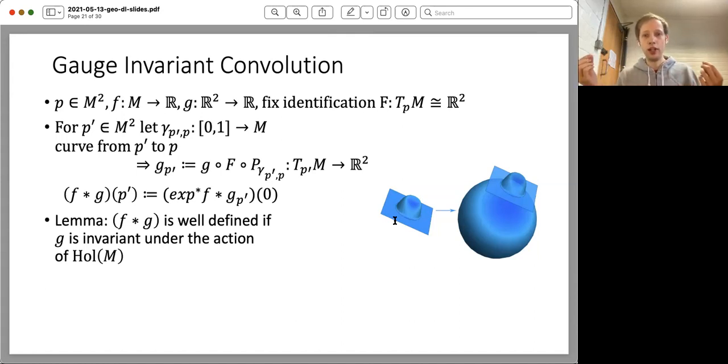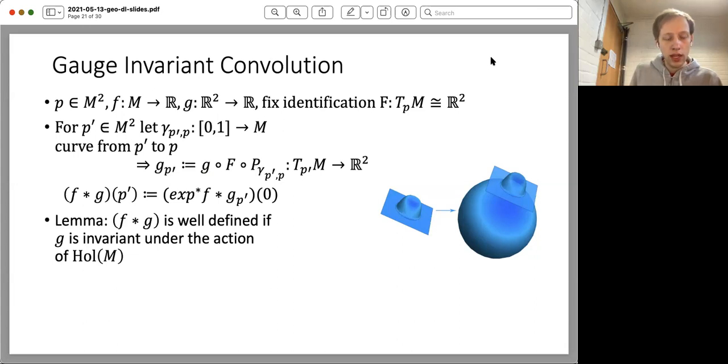Then you have the parallel transport along gamma, and you can write down this map here, G P prime. So first it transports from one tangent space to the other, then it uses this identification, and then it applies G. And what you get is a map from the tangent space at P prime to R, not to R2, but to R actually. The last thing is G, so it gives you something real valued.